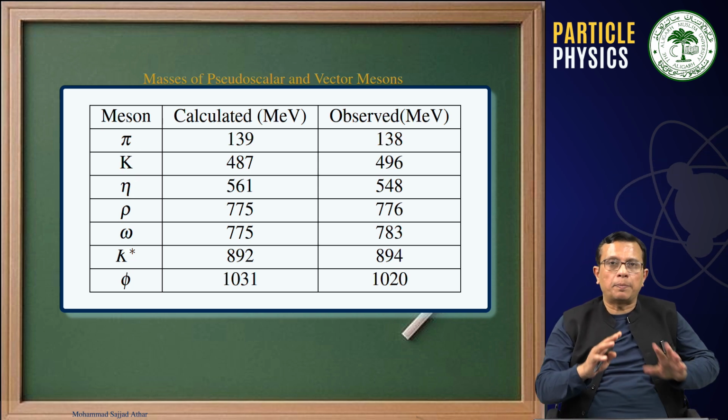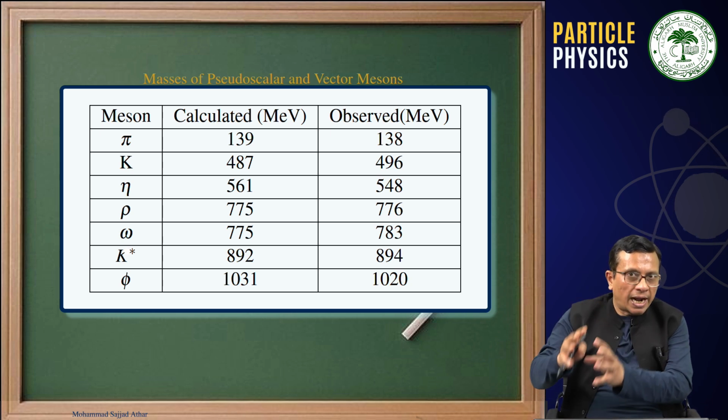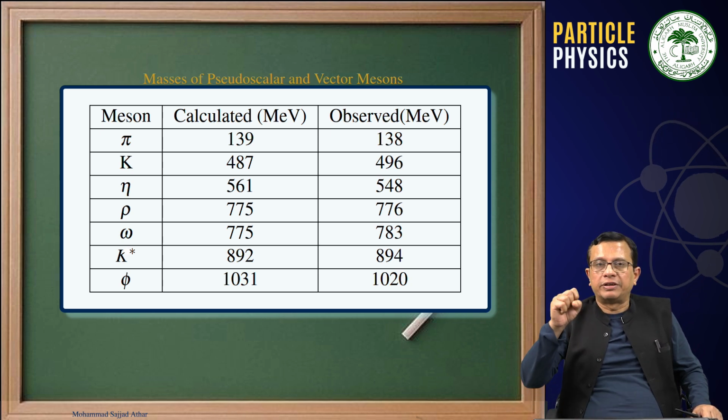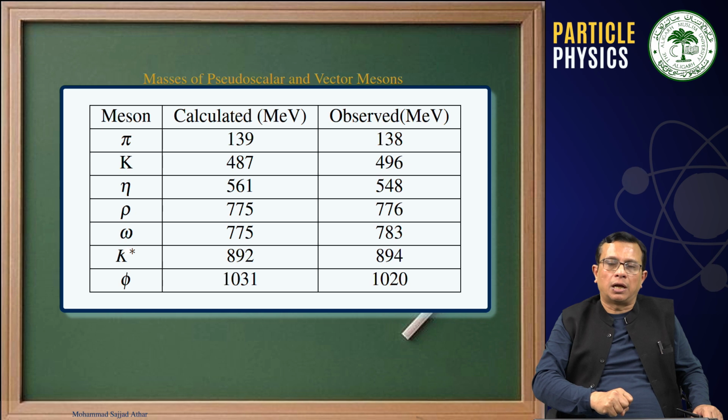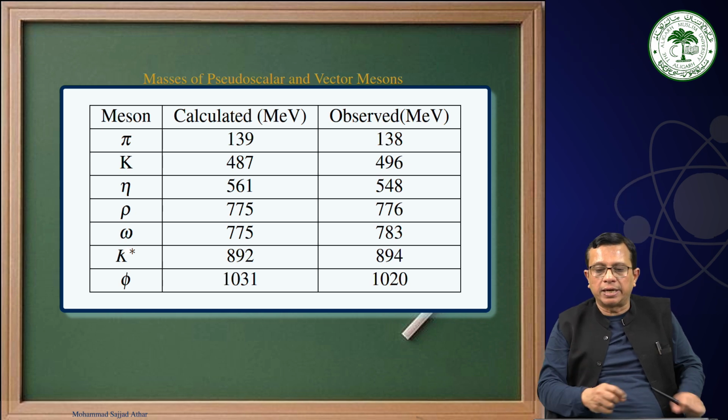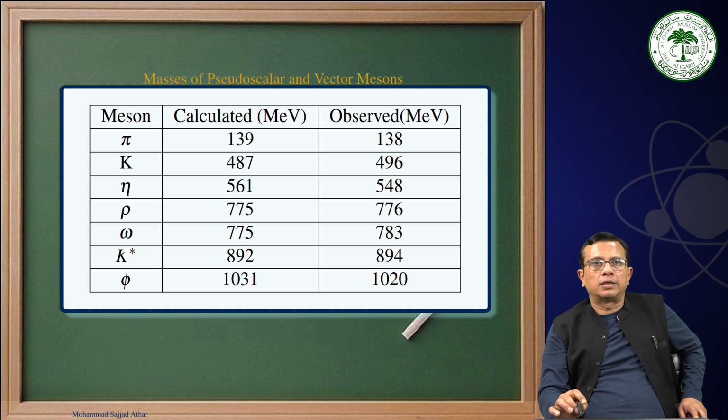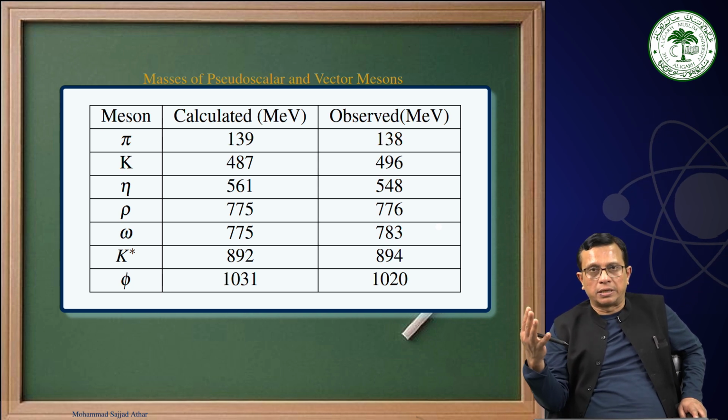And as you can see, by the simple analogy of adding the spin-spin interaction, with a positive sign for vector mesons and a negative sign for pseudoscalar mesons, we are able to explain the experimentally observed numbers.